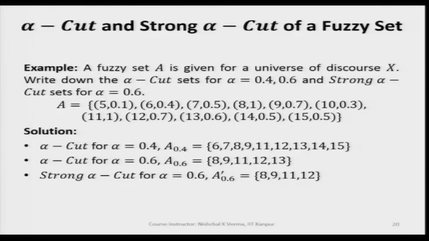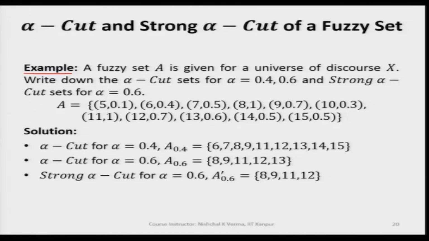If we take a fuzzy set A for a universe of discourse capital X, and if we are interested in finding out an alpha cut, and this alpha, let us say, is 0.4 here, and it could be any value in between, as I mentioned, right from 0 to 1.